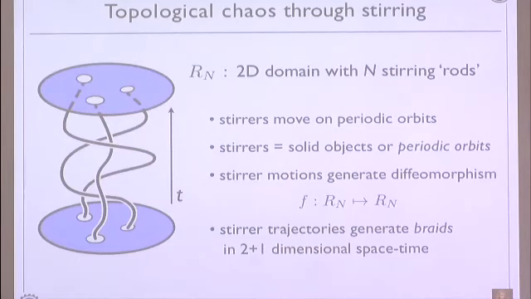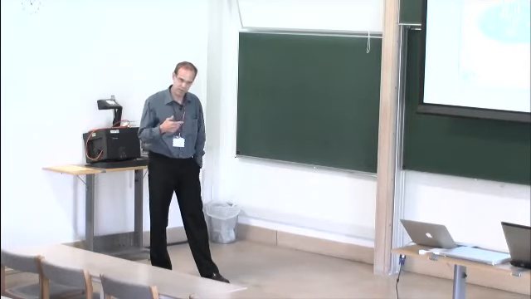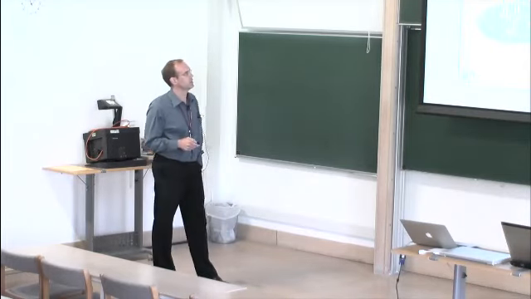So here again is the Stremler interpretation of this braiding and stirring with use of the Thurston-Nielsen classification theorem. So we have a two-dimensional domain, a punctured disk, and our punctures we generally think of as stirring rods, but I'm not going to have stirring rods in there, so they really are punctures that in many cases we think of as surrounding periodic orbits in the flow, and I'm going to try to extend that a little bit.